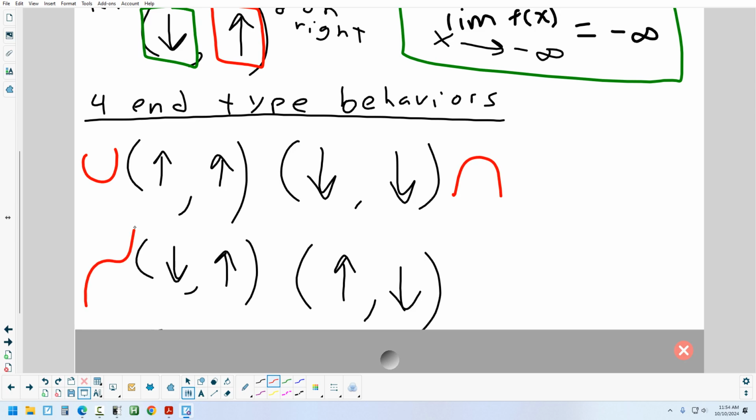Think of something like that, and something like that. Even if it takes more twists and turns in the middle, like if it does this, I would still say that the end behavior of this one is up on the left, down on the right. I don't care what it does in the middle. I can ignore all of that. Up on the left, down on the right.